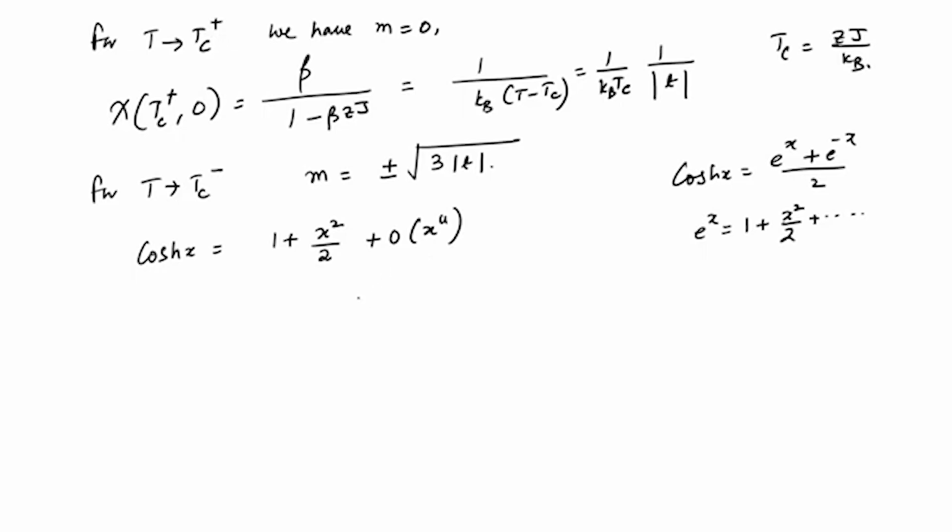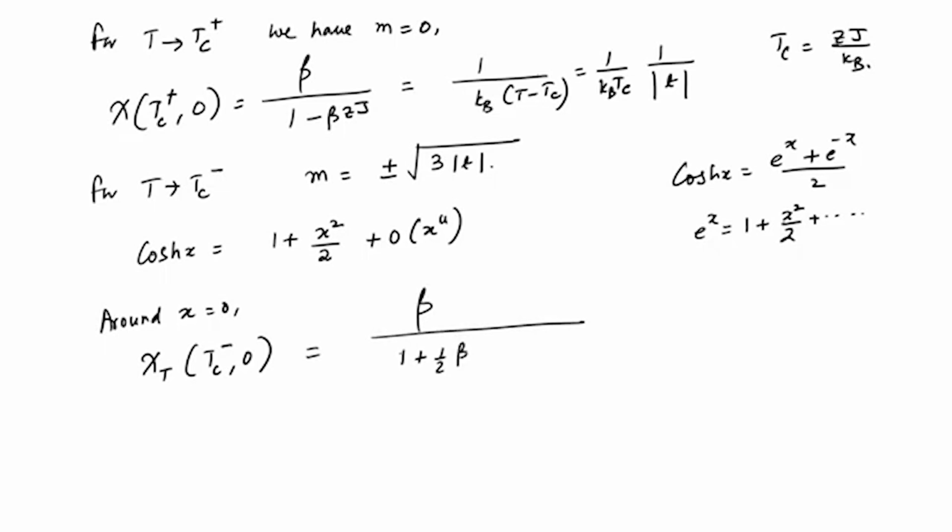So, this is the cosine hyperbolic x. Around x equal to 0, that is small x, we get the chi of t at T c minus 0 is equal to this beta divided by 1 plus half beta Z j, and then we have a 3 t whole to the power half, with a bracket here and a square here, and a minus beta zj.